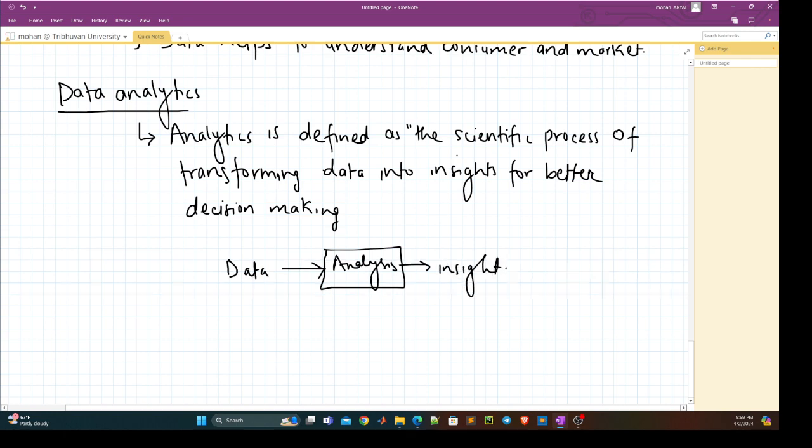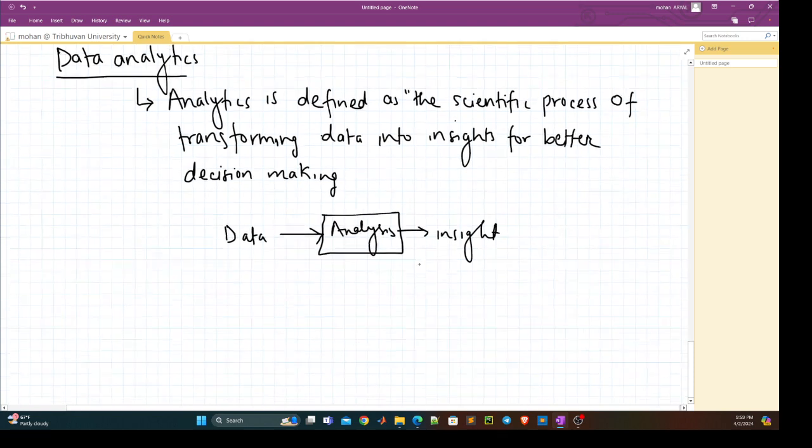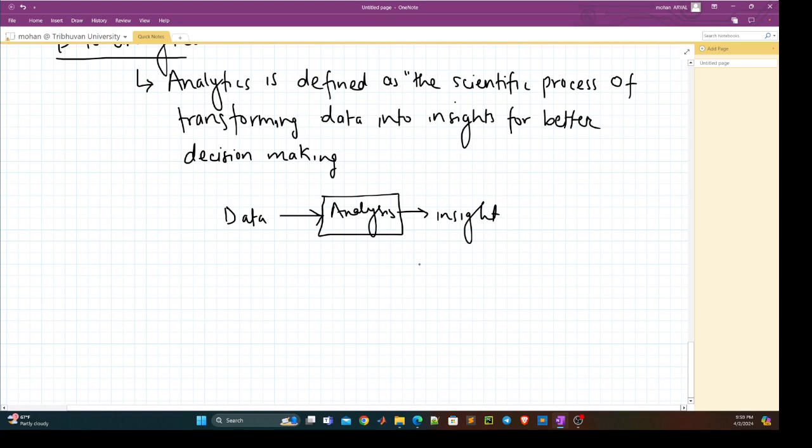This insight will provide a better understanding of the data, better dynamics of the data, how these different data are being related. Is there any relationship between these data? This is one definition: analytics is the process of transforming data into insights.